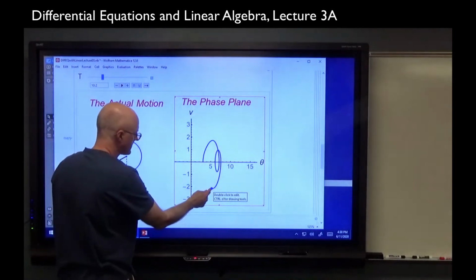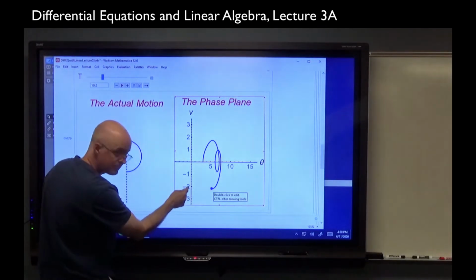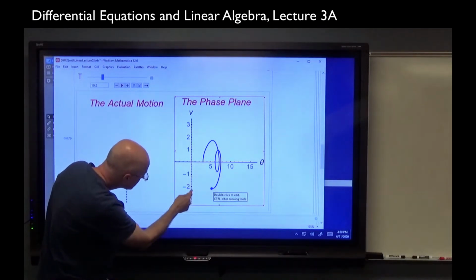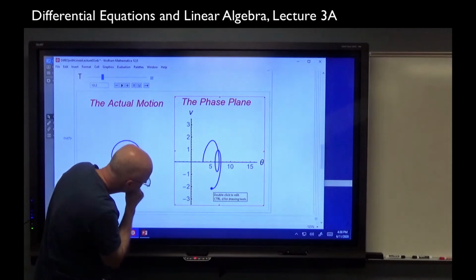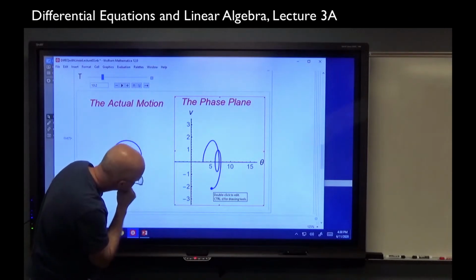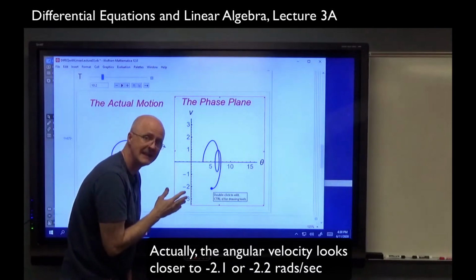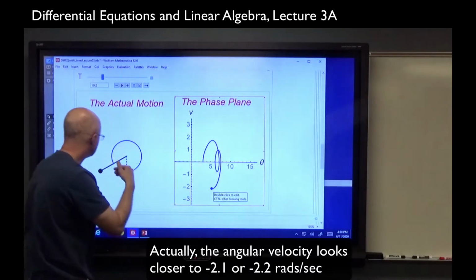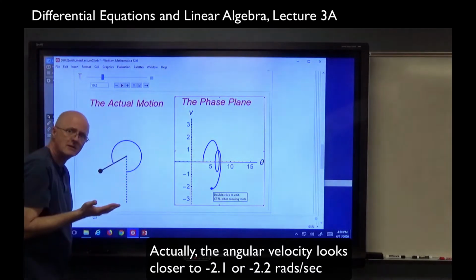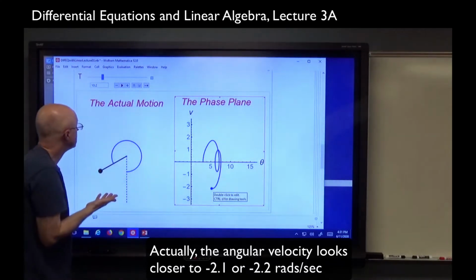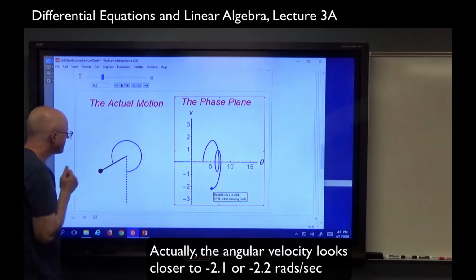You might want to see if you can do that conversion. What about the second coordinate? That's this point right there. A little less than -2. Maybe -2.3 or something like that. I can't quite tell. That would be the angular velocity in radians per second. About -2.3. So what does that tell you? That's the rate of change of theta with respect to time, instantaneous at this moment in time.